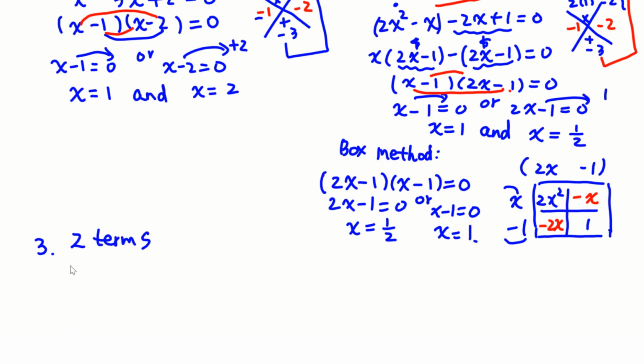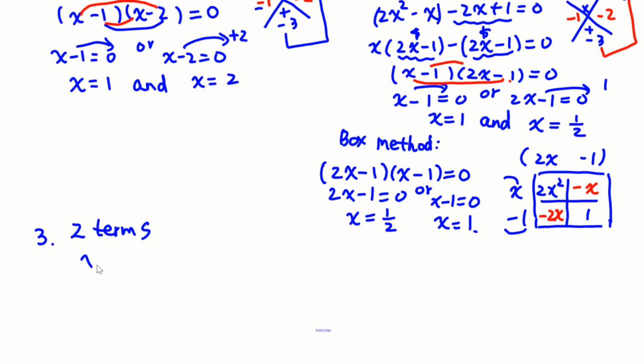So if you have x squared minus 16 equals 0, you could think of that as x squared plus 0x minus 16 equals 0. So it will come back to the trinomials. So with 2 terms, you could always change it to 3 terms.